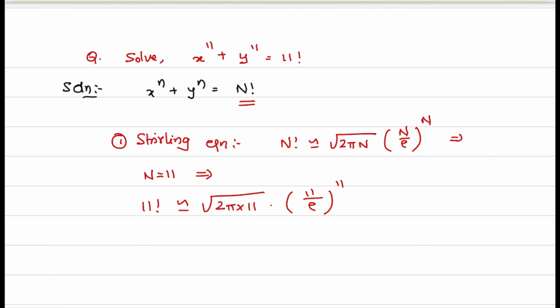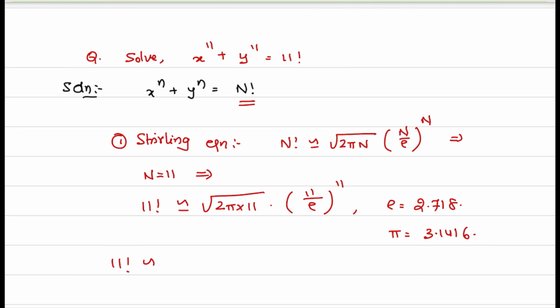What is the value of e? 2.718, which we know. What is the value of pi? 22 by 7, 3.1416, which we know. Let us substitute.